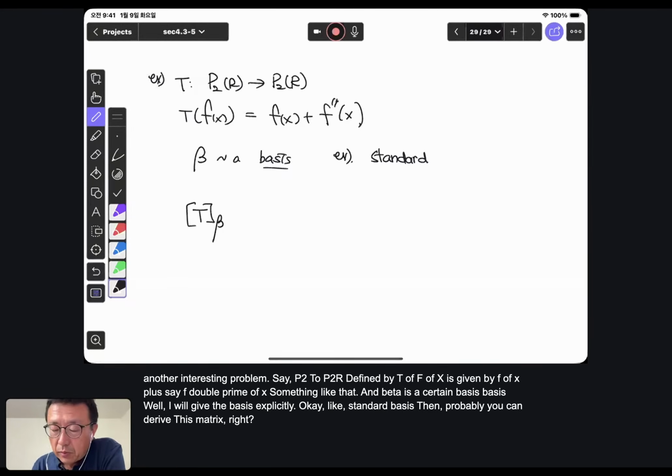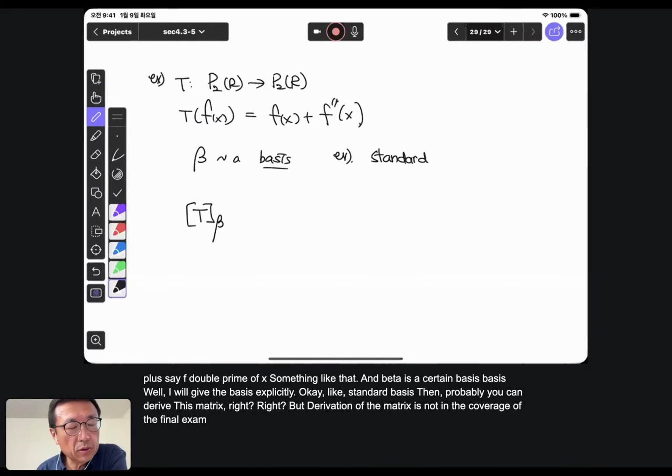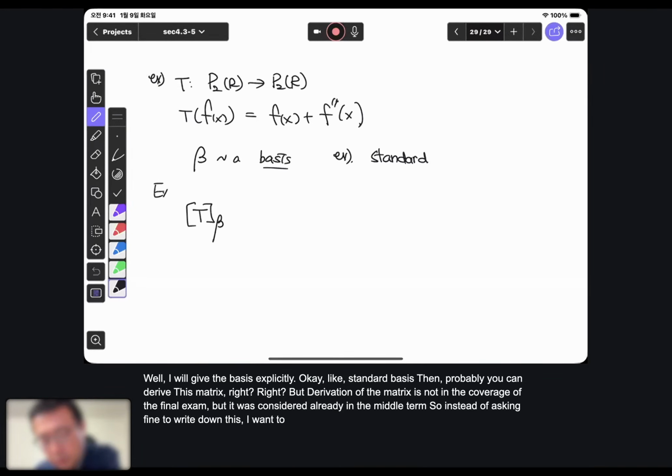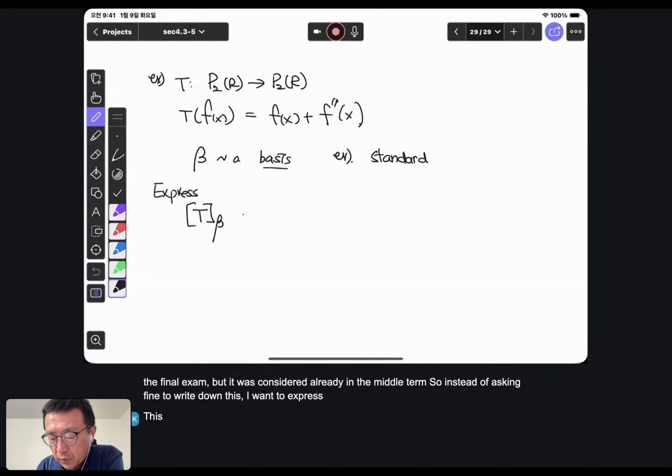Right? But derivation of that matrix is not in the coverage of the final exam, but it was considered already in the midterm. So instead of asking you to write down this matrix, I want you to express this matrix as a product of elementary matrices.